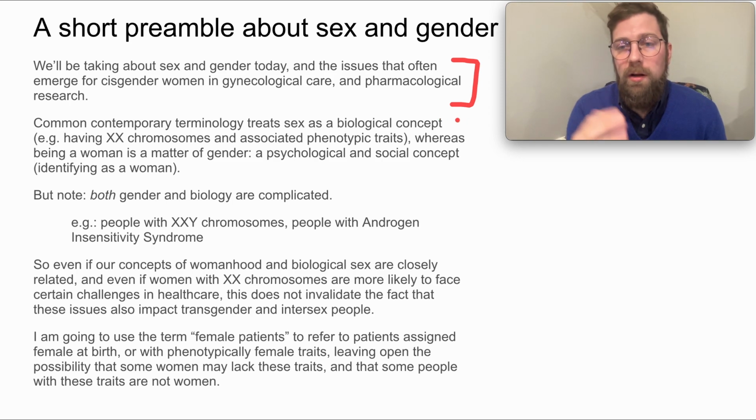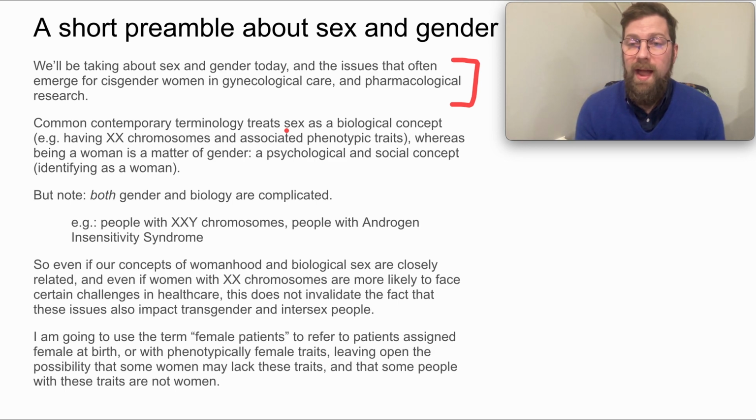So commonly, contemporary terminology will treat sex as a biological concept. So when we say that the sex of a particular individual is female, what I understand that terminology to mean is that it's referring to having a certain hormonal profile, or it's a matter of having XX chromosomes, and it's also associated with particular phenotypic traits.